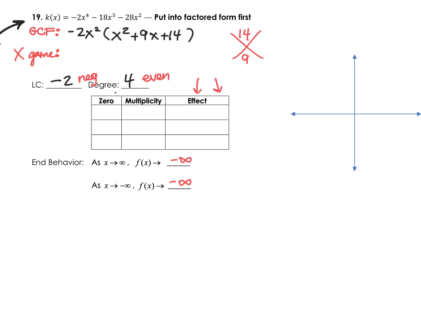Sidley said it. 7 and 2. Okay, 7 and 2. Because your a value is 1 right here, you're allowed to go right to parentheses and make it x plus 7, x plus 2. So I won't give you crazy difficult ones to factor, I promise. At that point, you should be able to pull your zeros, 1, 2, 3, and find your multiplicity.